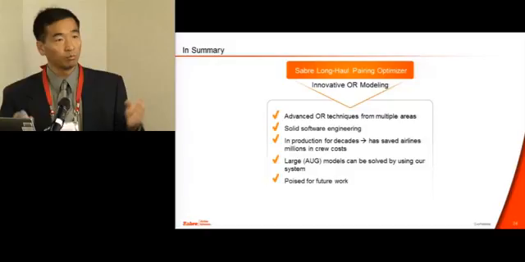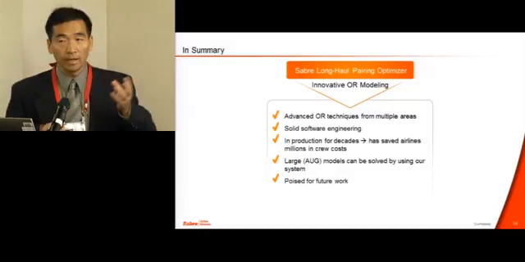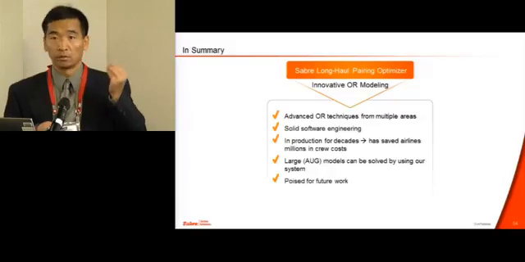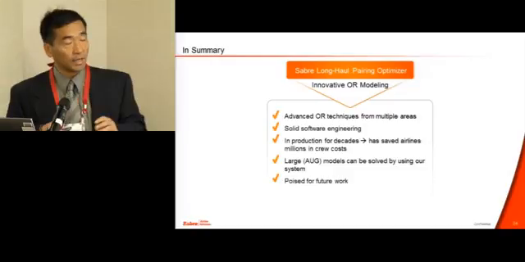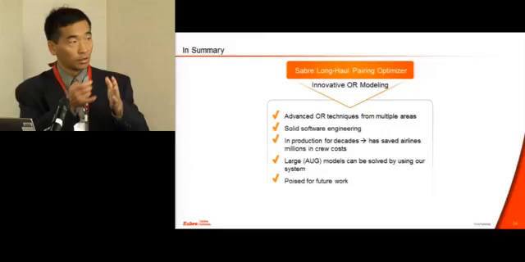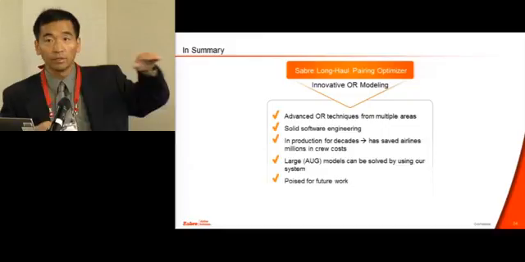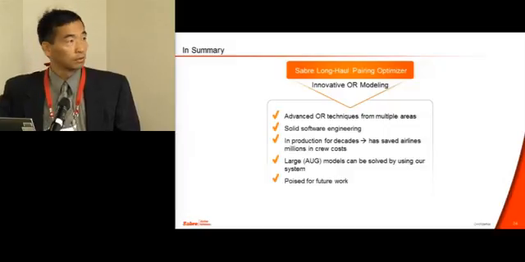For Airline A alone, the annual savings is $20 million. You saw $12 million in the previous few slides earlier, but that's only a portion of that fleet data. It's 60% of that fleet data. The annual savings for that fleet alone for that airline is $20 million. And we can solve large airline problems using the augmentation model.